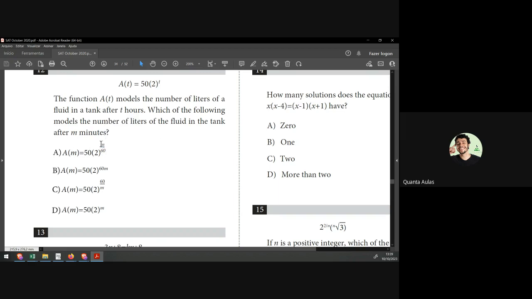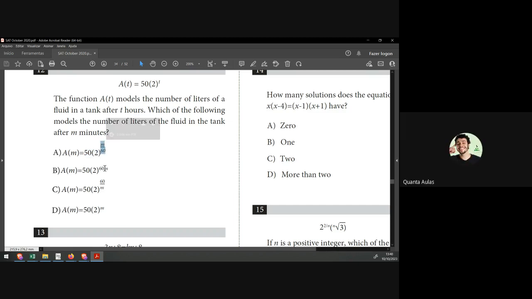But when you put 60 minutes here, in other words, 1 hour, 60 over 60 is 1. So we have, again, 100. So this is the right answer.